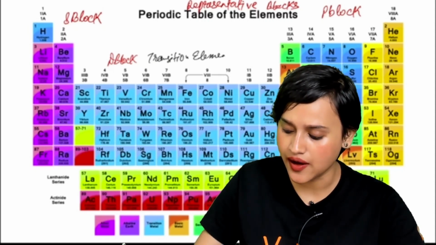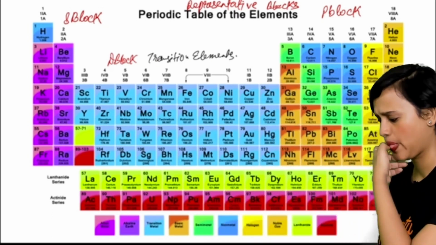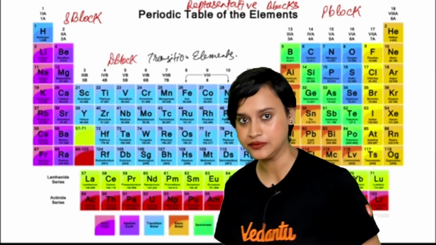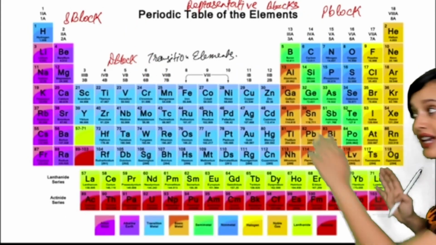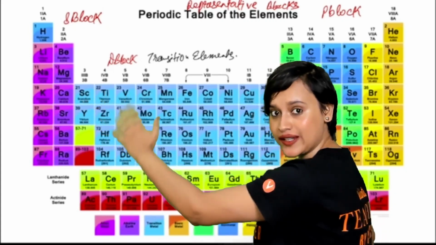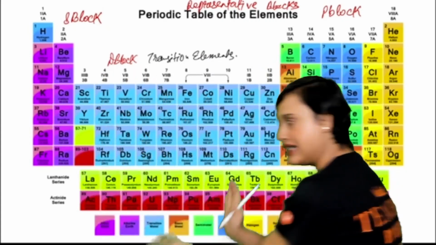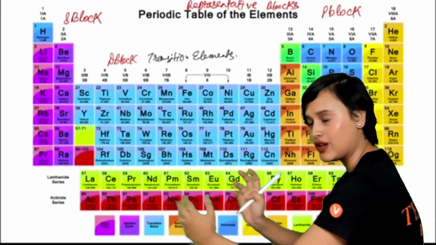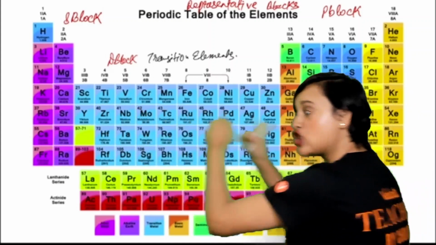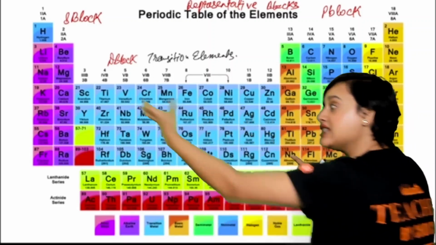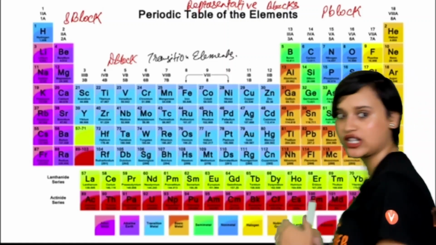Now you might ask why they are called transition elements. The S block and the P block, like I just told you, are the representative blocks. Now, what these D block elements do is that the properties change from S block to P block, and while they change, there is a transition that these elements bring about, and that's how they change.